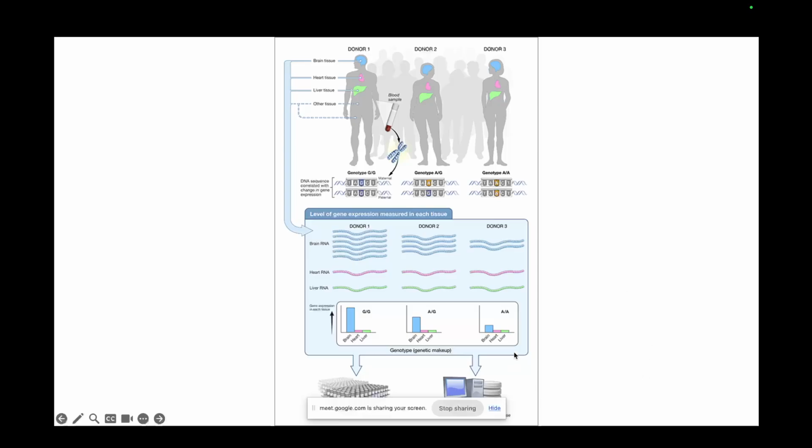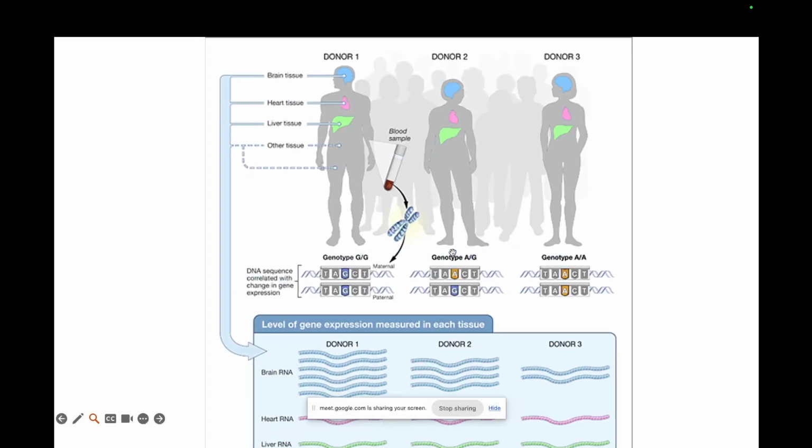Okay, so this is a schematic from the GTEx portal itself. You have multiple donors and a particular variant. First, the DNA is sequenced and correlated with changes in gene expression, and you find particular variants. Say, for example, G to A is the variant, right? In this case the particular base is exactly the same as the reference sequence, so this is a non-variant site, which is genotype 00.